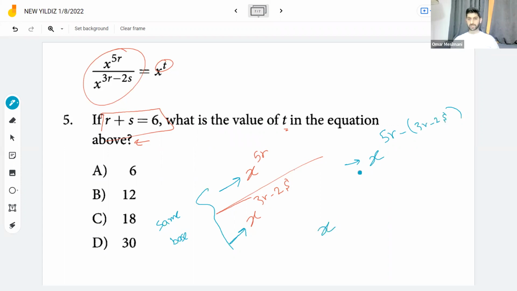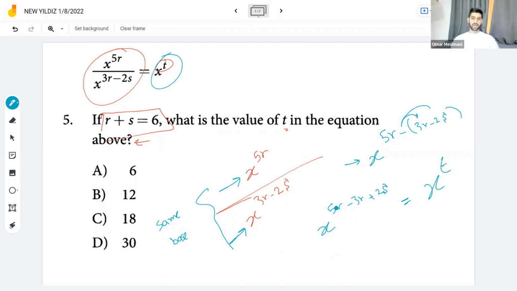So x power 5r minus, I'm going to distribute the negative inside, 5r minus 3r plus 2s. It's going to be plus because I'm distributing. And all of that is equal to x power t.